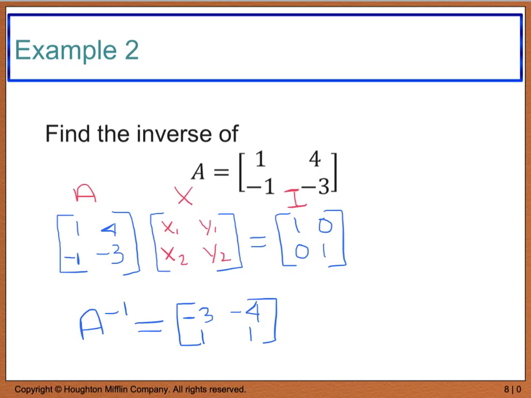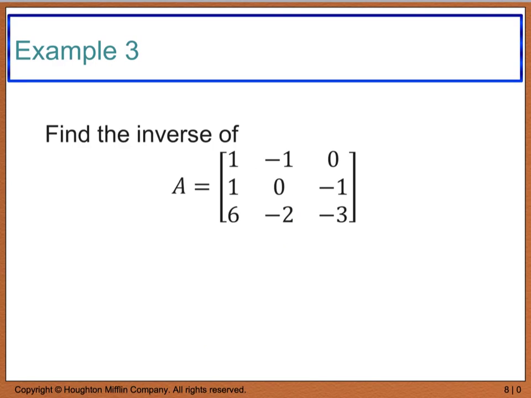For example 3, it says find the inverse of matrix A. Now this time, matrix A is a 3 by 3. So I'm going to do the same approach, and I'm going to rewrite my coefficient matrix, which is 1, negative 1, 0, 1, 0, negative 1, and 6, negative 2, negative 3.